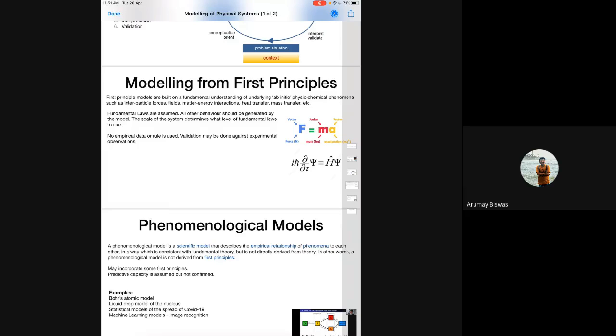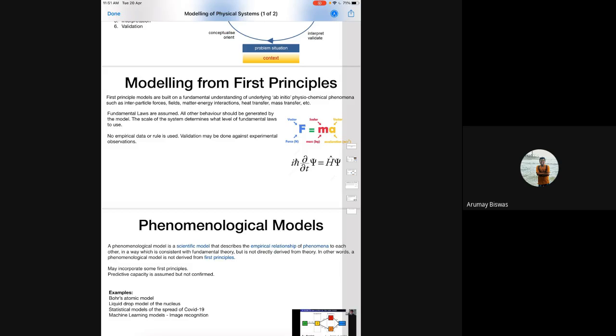Let's say you use a diffusion model and you construct, I don't know, some sort of model for a factory which uses diffusion for conducting a reaction. So there you use the equations for diffusion. That would also be modeling from first principles, although the equation for diffusion is not as fundamental as interparticle forces. Okay.